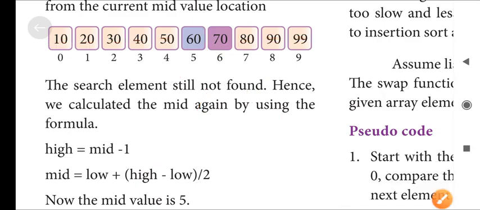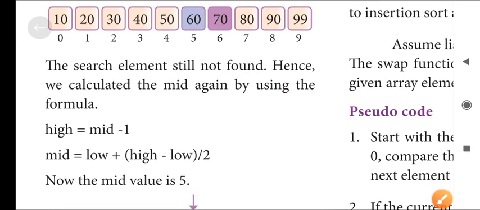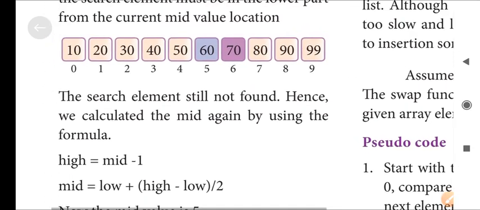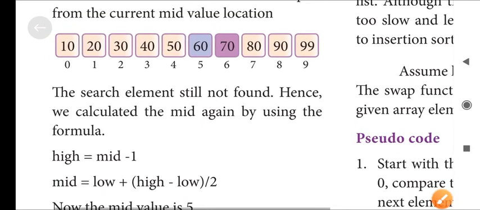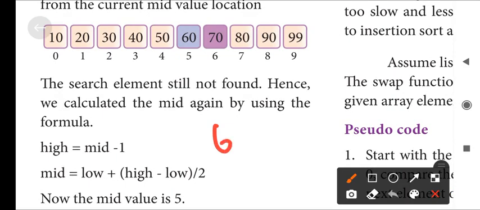Now again do the step. 60 equal to 70? The condition is not possible. Again we check: 60 greater than 70?